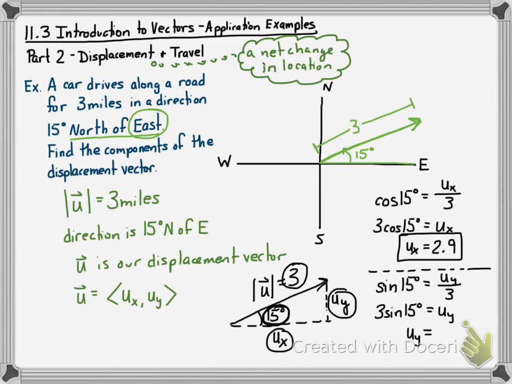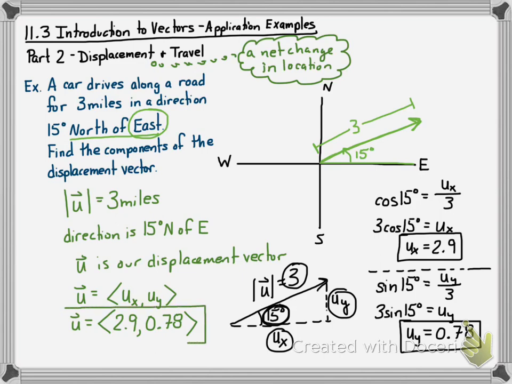You should double check that you get 0.78 when you type this into your calculator. At least that's what I got. So we can write our vector u as 2.9, 0.78, and we have found the components of our displacement vector.